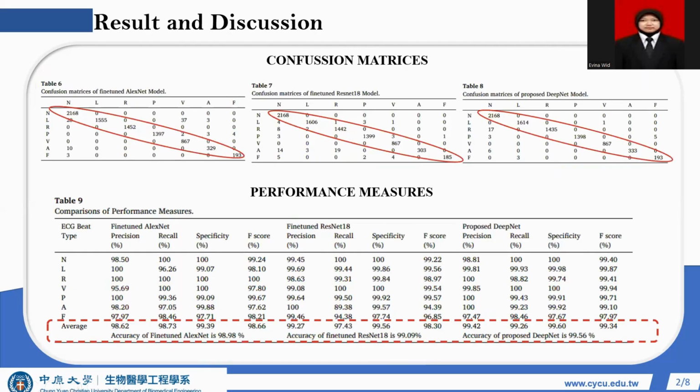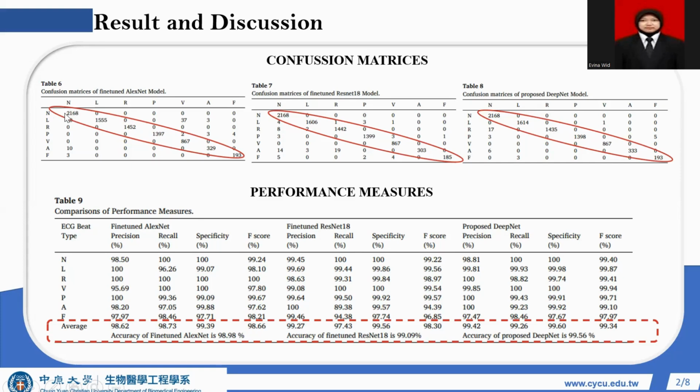And we get the result. The result is they compare the DeepNet model with ResNet and AlexNet models. We can see in the confusion matrix, we got in the AlexNet 2188, 68.